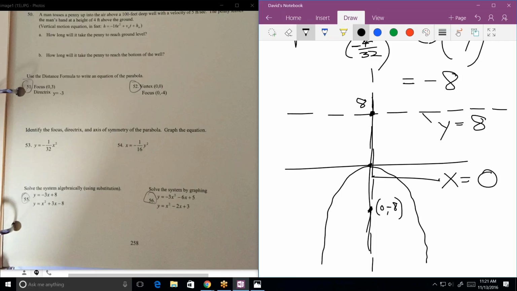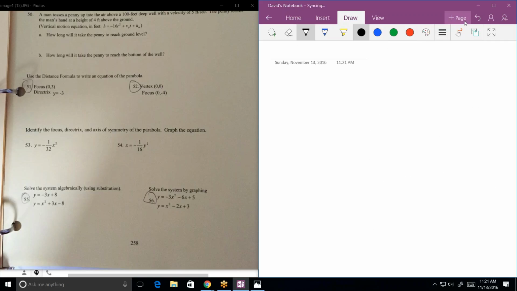Okay. Now, the only difference in 54 and 53 is a pretty big one, but it's a horizontal parabola. And the way you can tell is always think back to the one you've learned from Algebra 1 on.